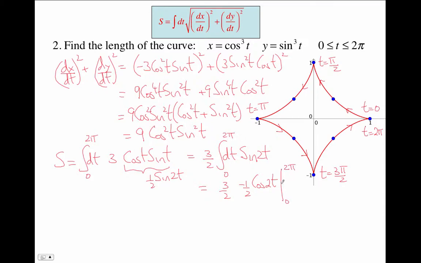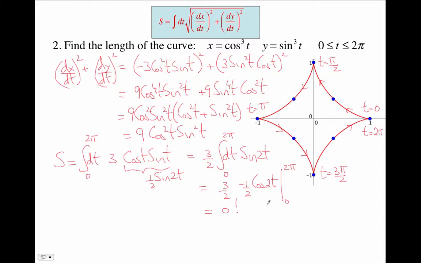But the values over here at the upper limit and at the lower limit are exactly the same. And so this gives 0. Now that doesn't make sense, does it? Because after all, we've walked around this curve, and surely we must have covered a distance, and yet this formula is saying that s is 0.